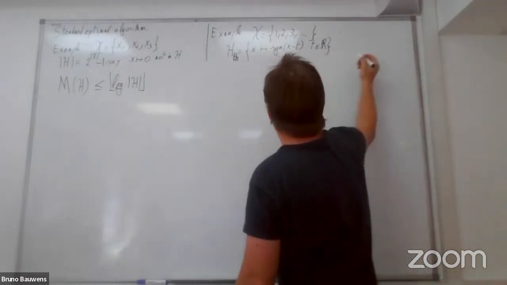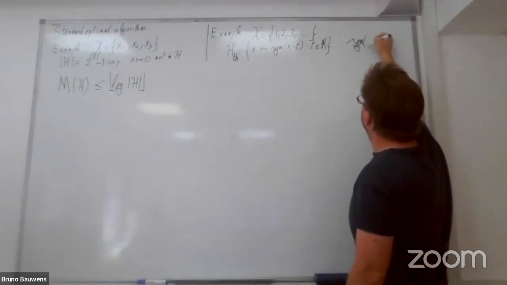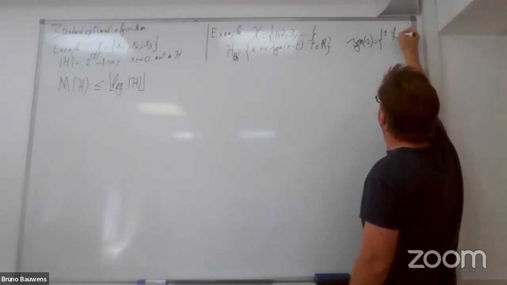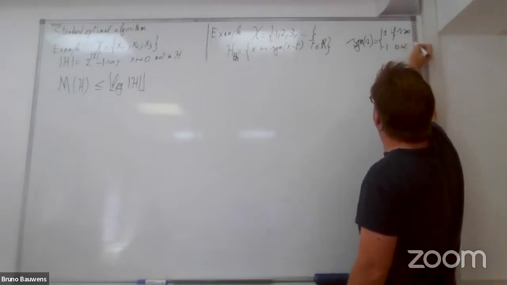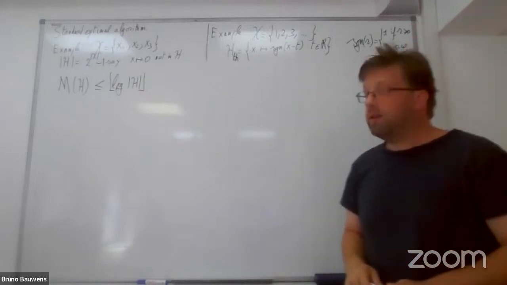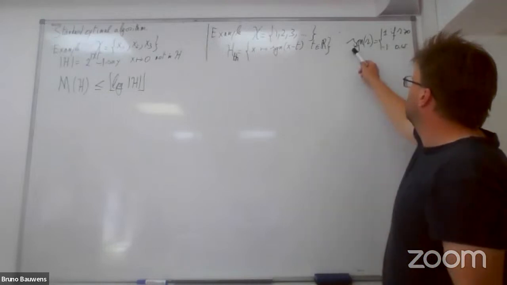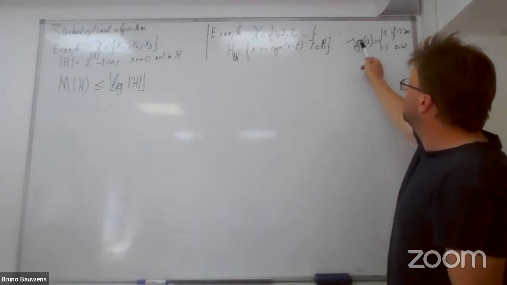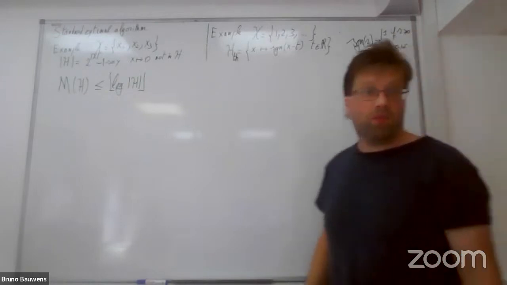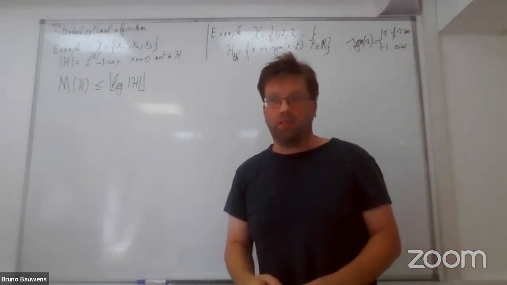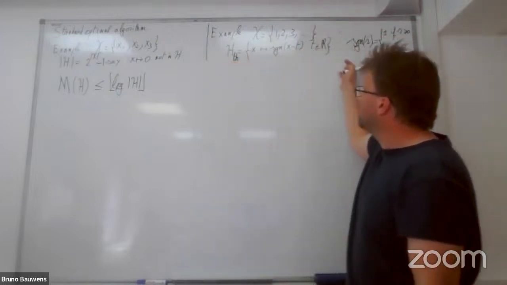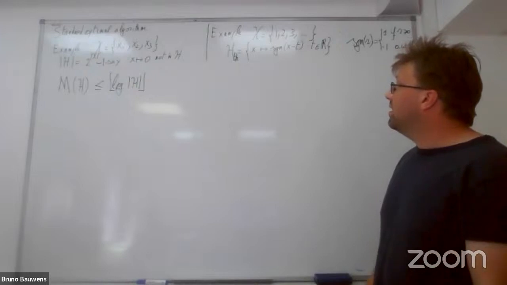So note that sign, a famous function in machine learning, is equal to 1 if r is at least 0 and -1 otherwise. Note that this differs from the mathematical definition, because in other areas of math, sign of 0 is 0, but we don't use this in statistical learning theory and machine learning. So here is the class of threshold functions.